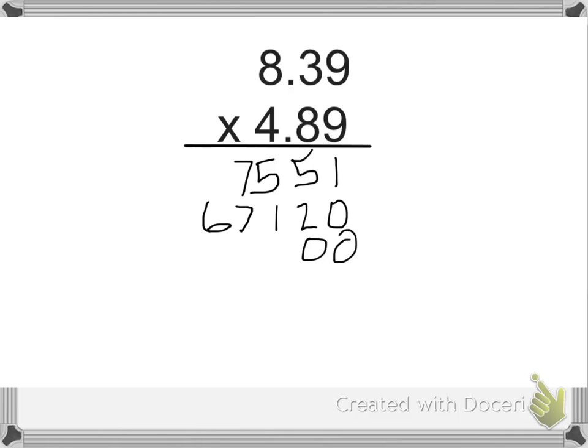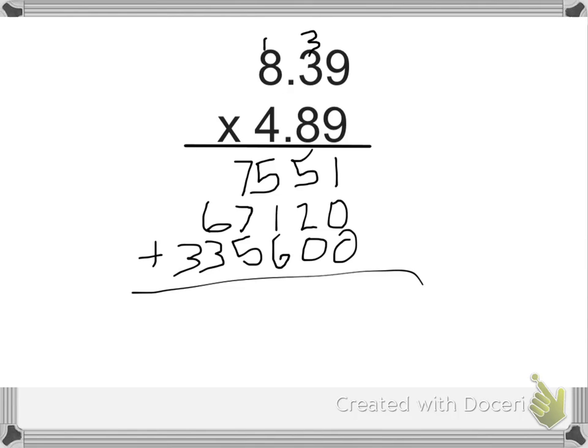9 times 4 is 36. Carry the 3. 4 times 3 is 12. Plus 3 is 15. Carry 1. 8 times 4 is 32. Plus 1 is 33. Then you add it all up. 1, 7, 12.